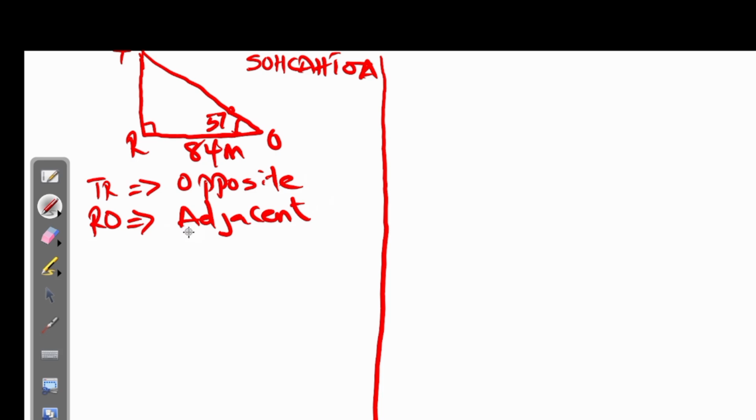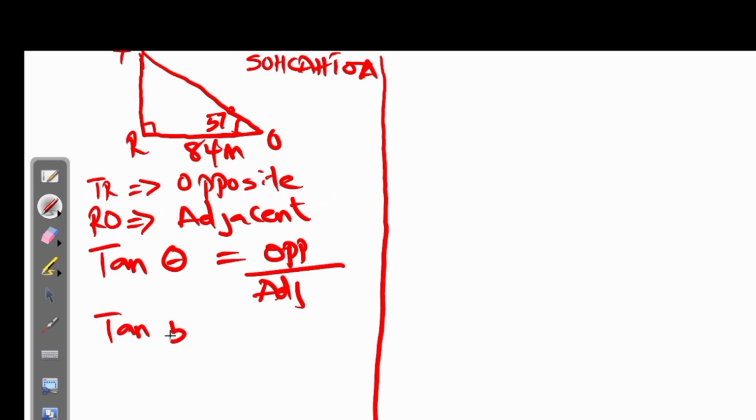So we have opposite and adjacent and the angle. The ratio that connects opposite to adjacent is tan. So tan theta is equal to opposite over adjacent. Tan 57 degrees is equal to TR, what we are looking for, over adjacent 84 meters.